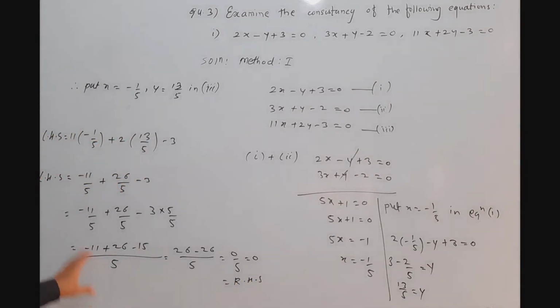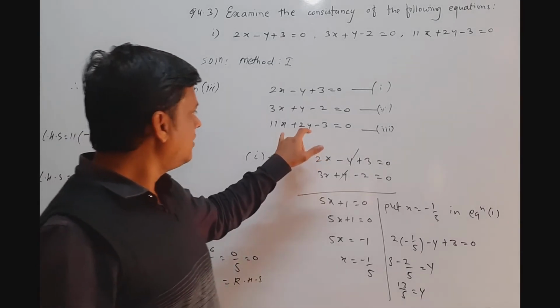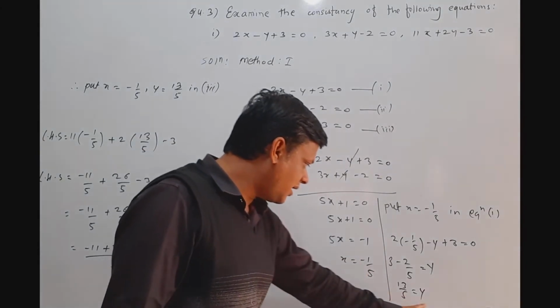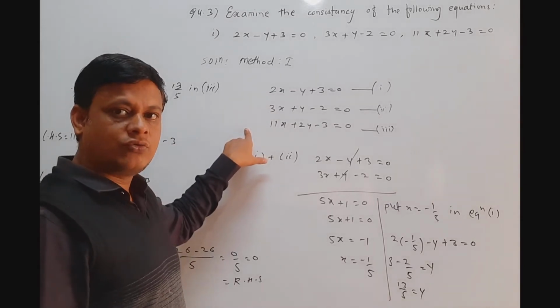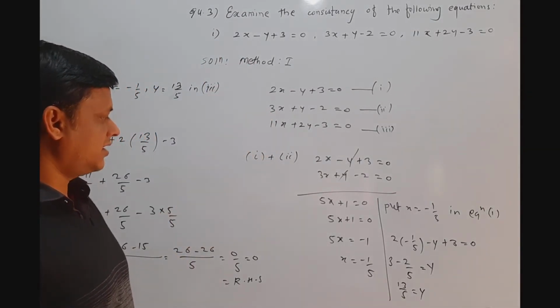So here we get LHS equals RHS, that means this third equation is satisfied for this value of x and y. That means these three equations have a common solution, therefore the given equations are consistent.